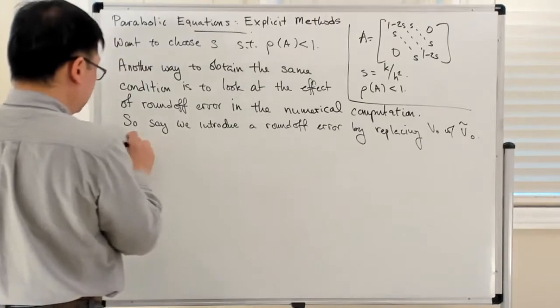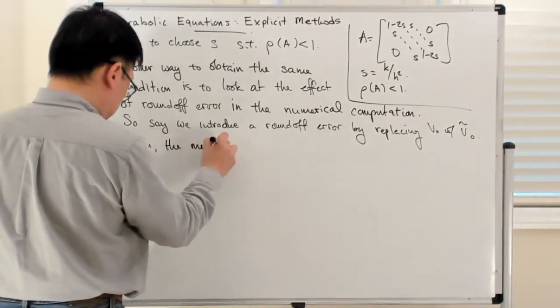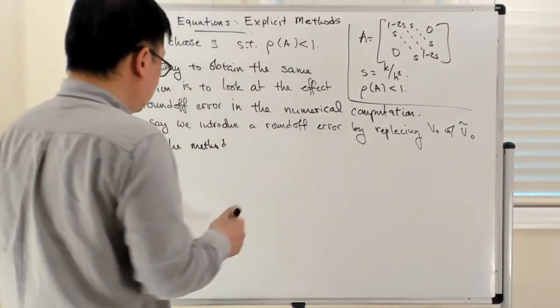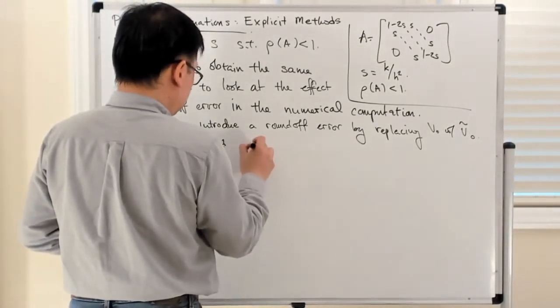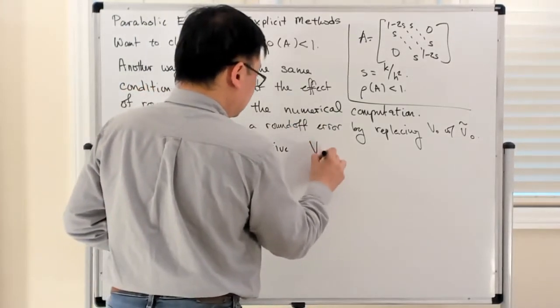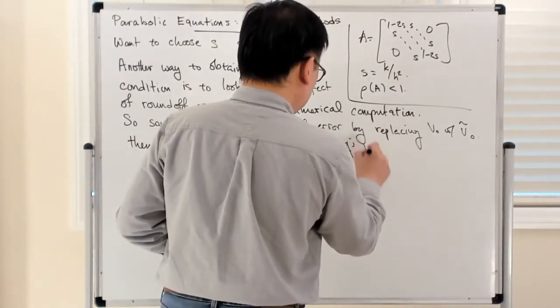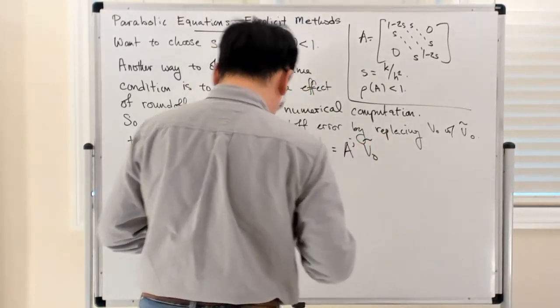Then the method will give us vj tilde, which is A to the j v0 tilde.